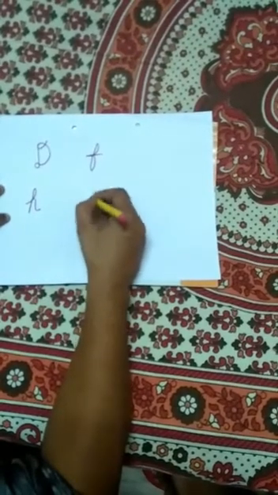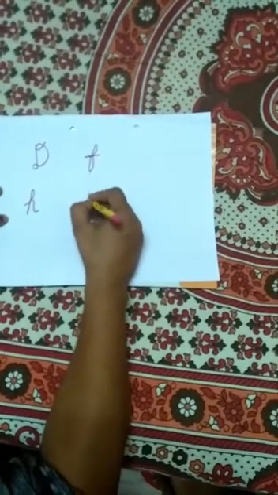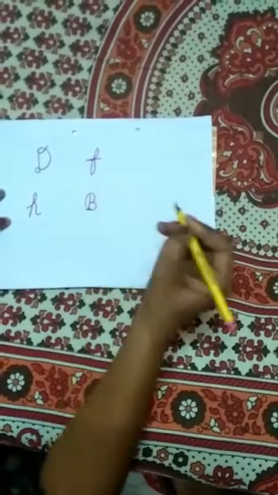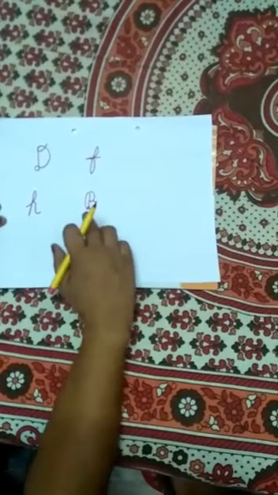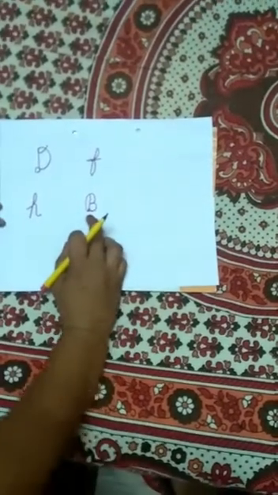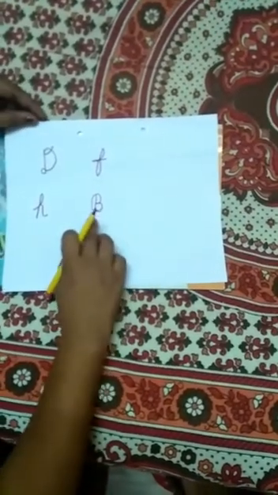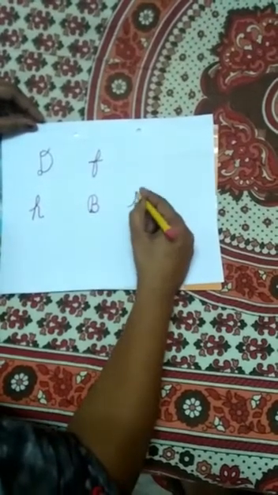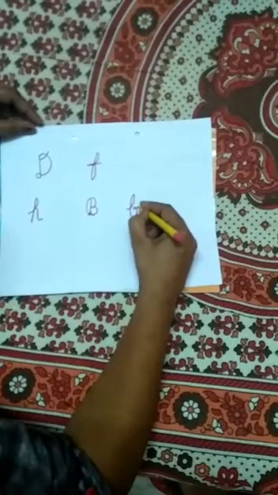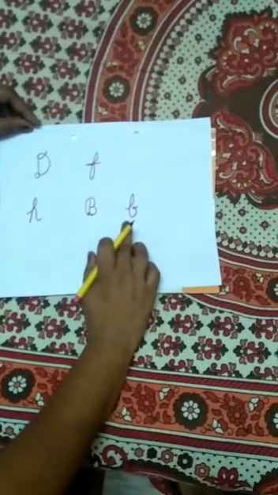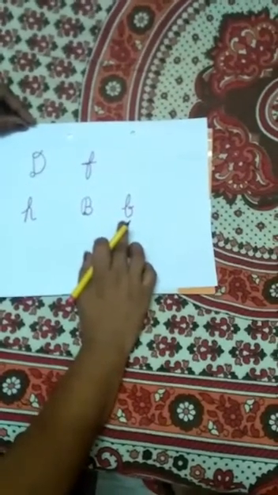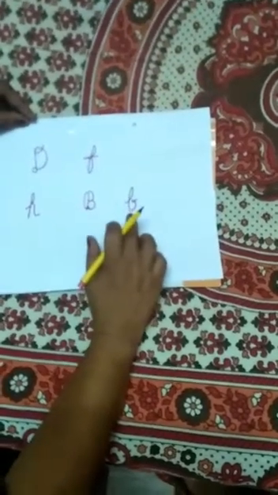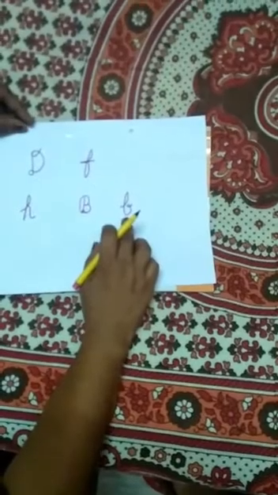Now, B. Capital B. Okay. Speak. What is this? B. Capital or small? Small. Right.